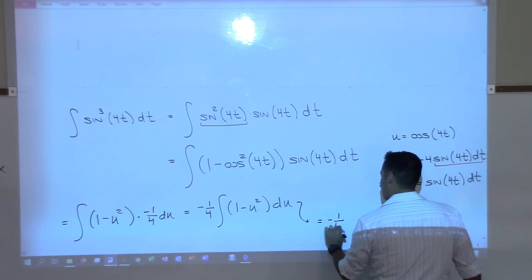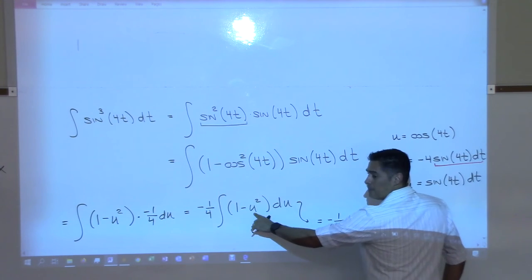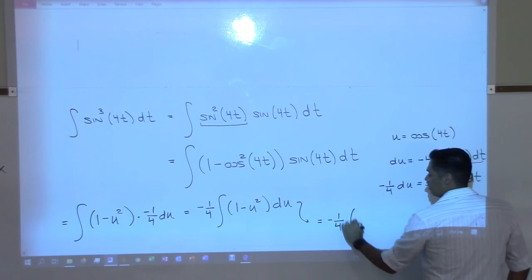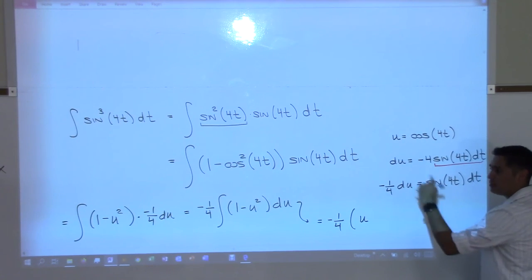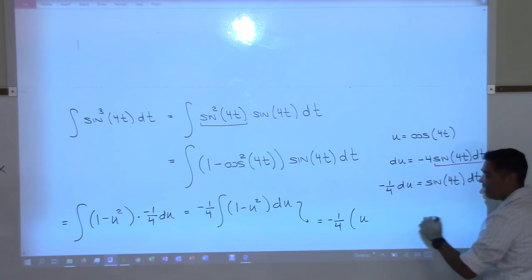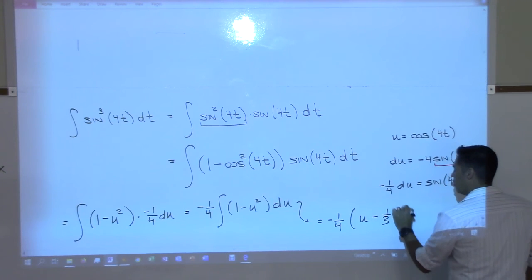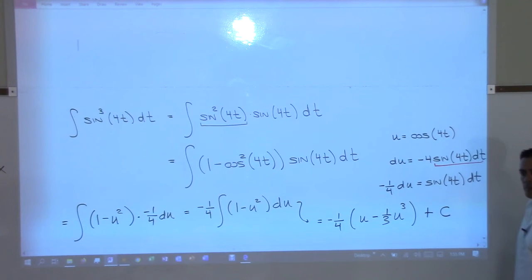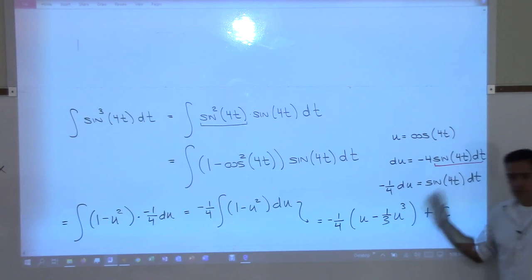Negative 1/4 times. We're doing antiderivative, right? U, just u, right? Because our variable's u. The antiderivative of 1 is going to be u, not x. And then minus 1/3 u to the third, plus c. There we go, right? And I put the negative 1/4 out front because that's going to have to carry through to both, so I put them in parentheses. Perfect.